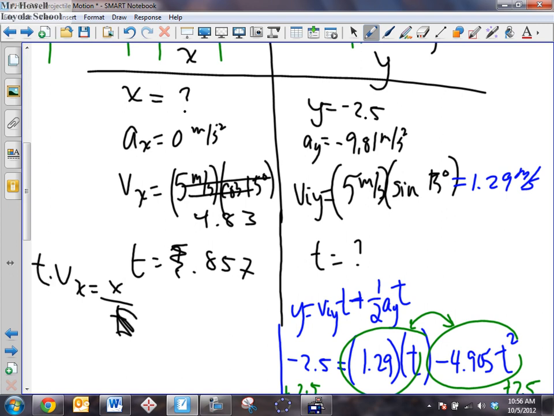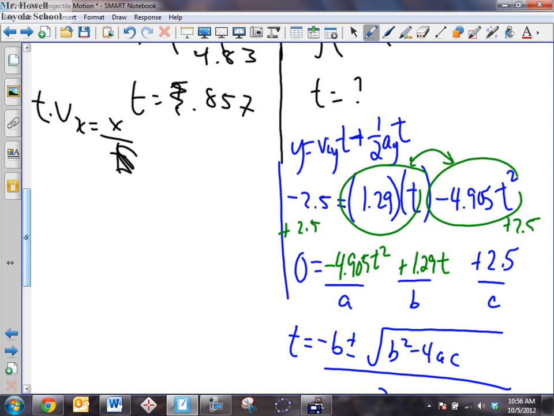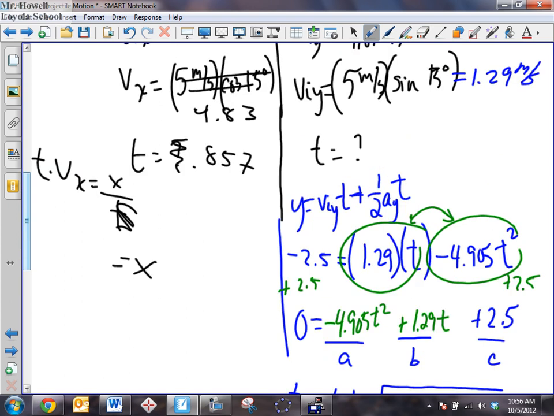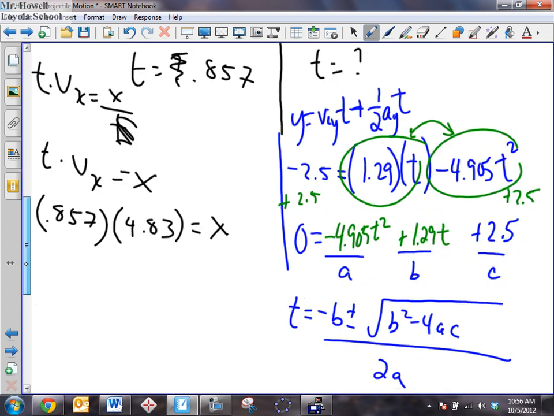We get x is equal to t times the Vx. The time is 0.857. Vx turns out to be 4.83. So 4.83 times 0.857 gives us a number of 4.13 meters.